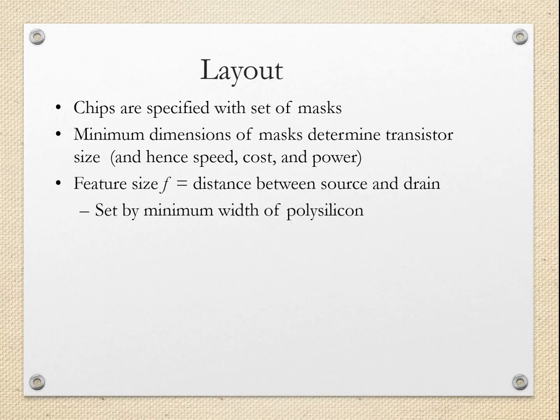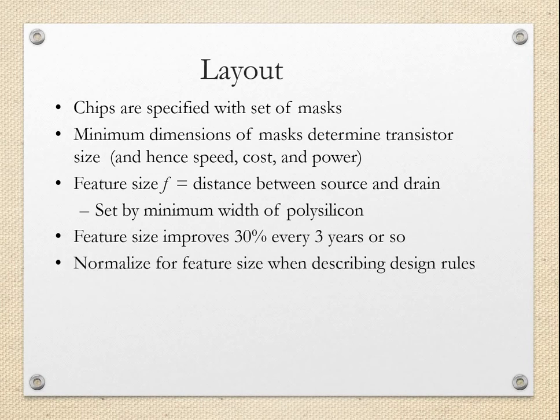The feature size of this layout is F, which is the distance between source and drain. It is set by the minimum width of polysilicon, and the feature size improves 30% every 3 years or so. Normalized for the feature size when describing the design rules.